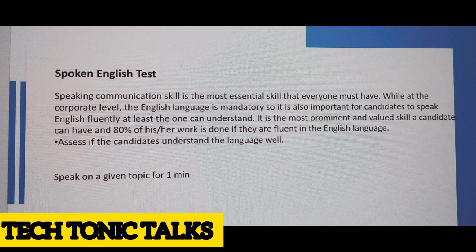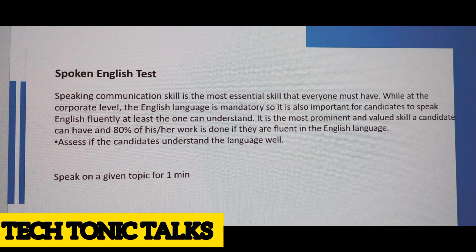I will share some samples with you, and you will be given 30 seconds to analyze what you're going to speak, think about the topic, and then once that 30 seconds are completed, the timer will start for 1 minute, and for the entire 1 minute you have to keep on speaking on that topic. Now it is important that you should not break in between, you should not stop before 1 minute is completed. Keep on speaking till 1 minute.